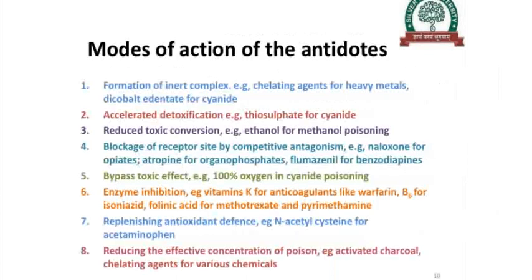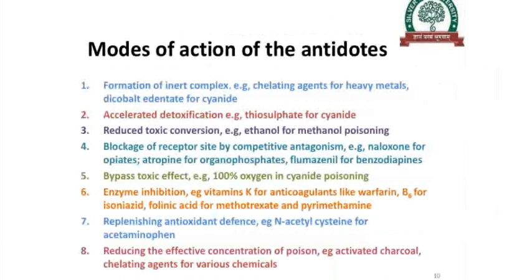Now let us see the modes of action of antidotes. First, formation of an inert complex. Some antidotes counter the effect of the poisons by chelating the heavy metals in case of heavy metal poisoning. An example is dicobalt edetate for cyanide poisoning.